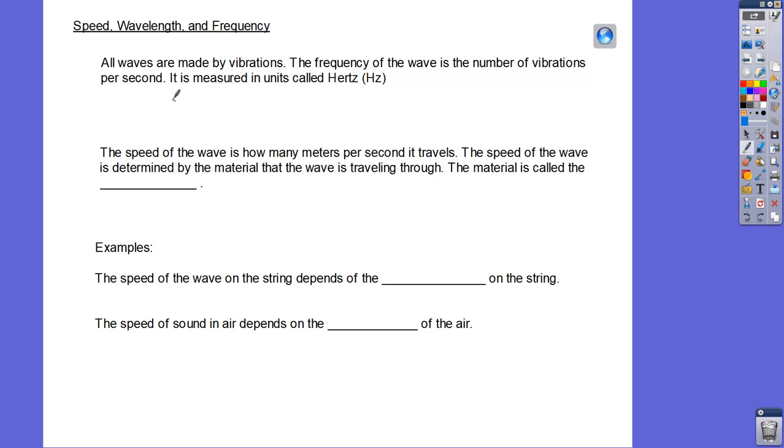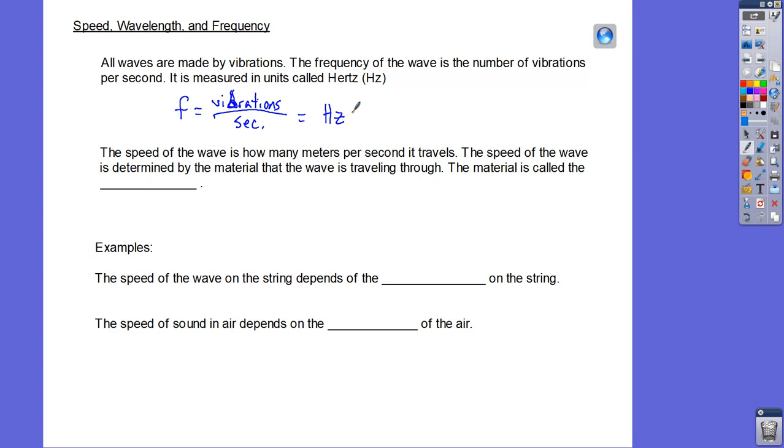Okay, so frequency, which is symbolized by a little f, is equal to vibrations per second, and vibrations per second is equal to what we call hertz, Hz.